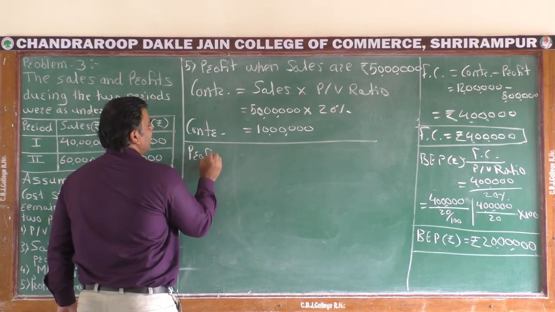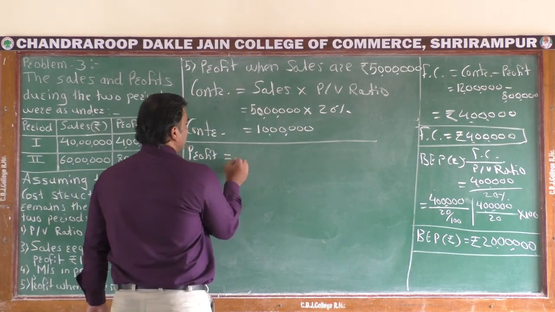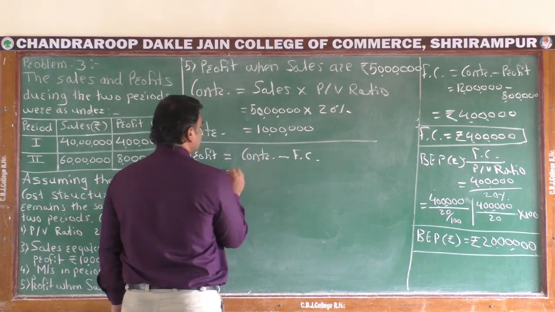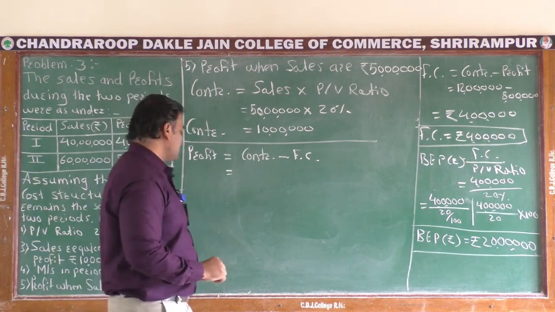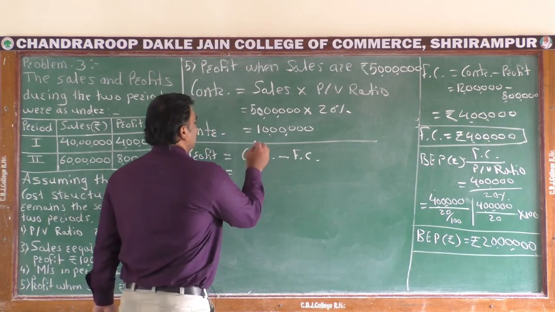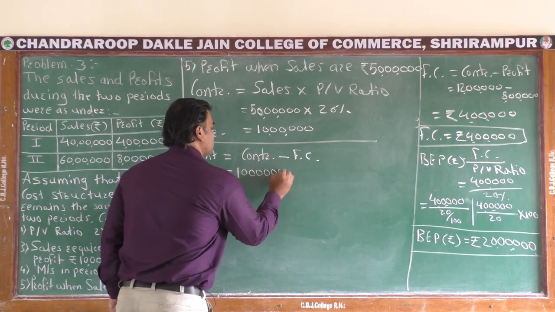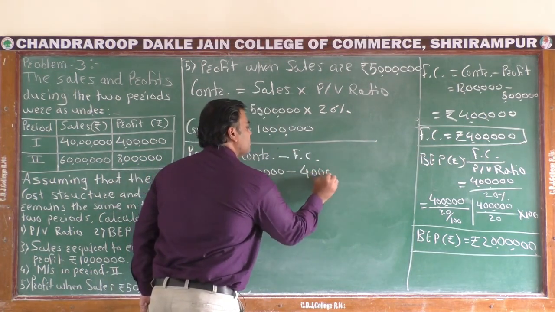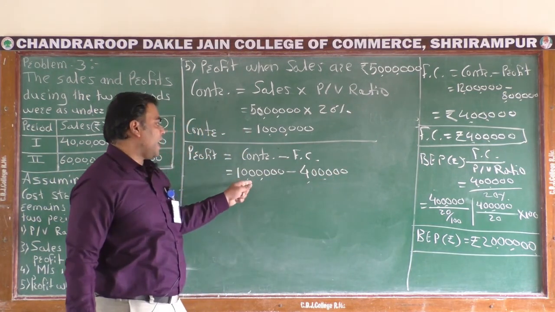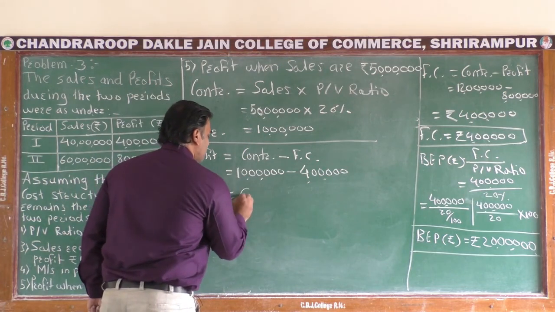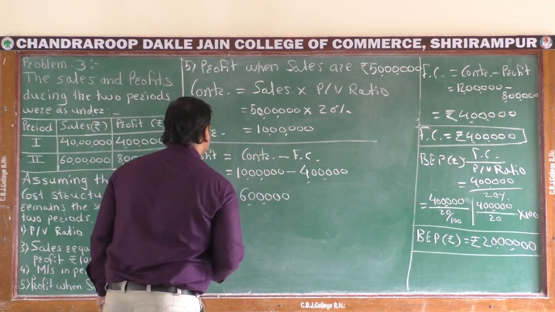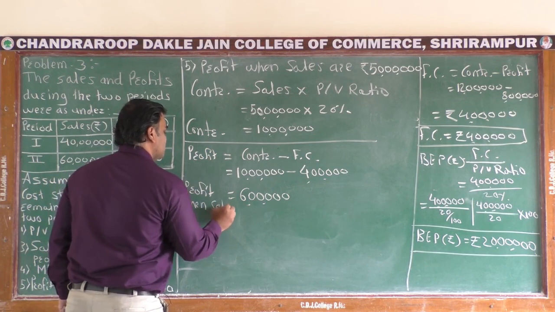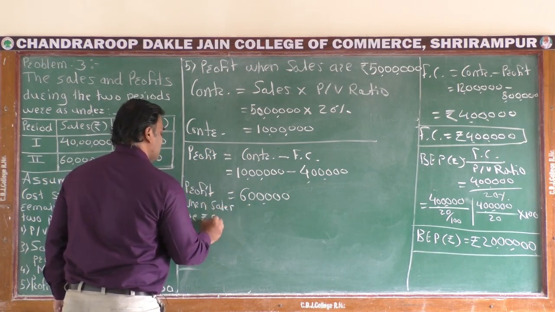So profit when sales are 50 lakh is equal to contribution less fixed cost, which is 10 lakh less rupees 4 lakh, equal to 6 lakh, the amount of profit when sales are rupees 50 lakh.